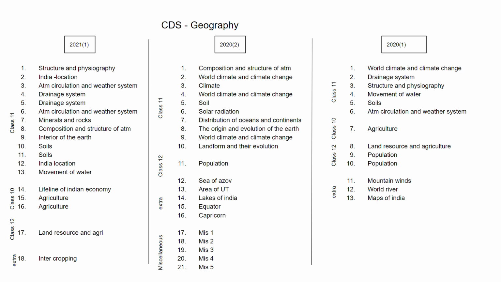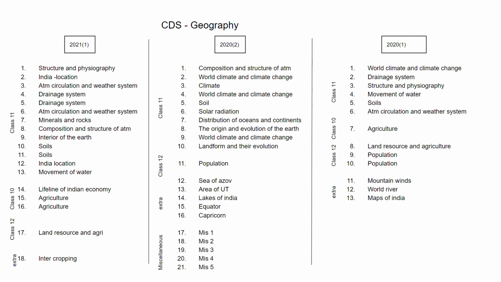Do let me know if you want a similar video on CAPF too, or what you can do is analyze for yourself. After so many attempts and analysis, I created a list of extra topics which we need to prepare, and I will share a link to that list. In the list you will find important topics and where to study them. Also the map based questions will be covered there.